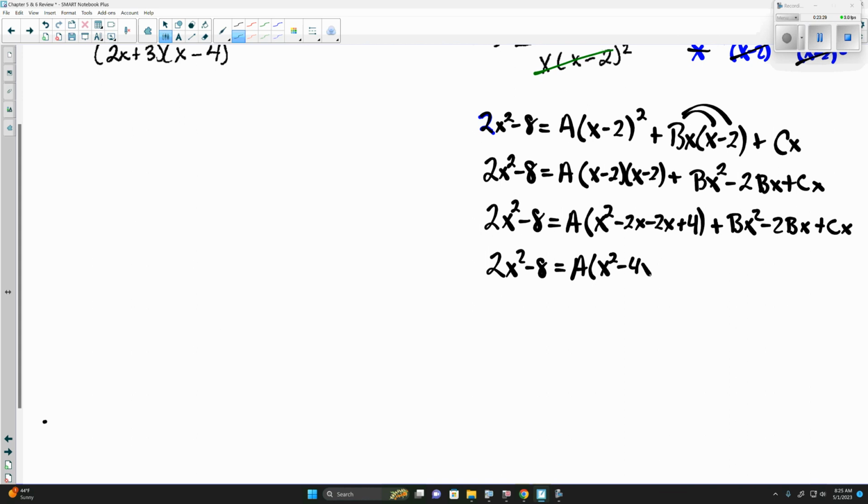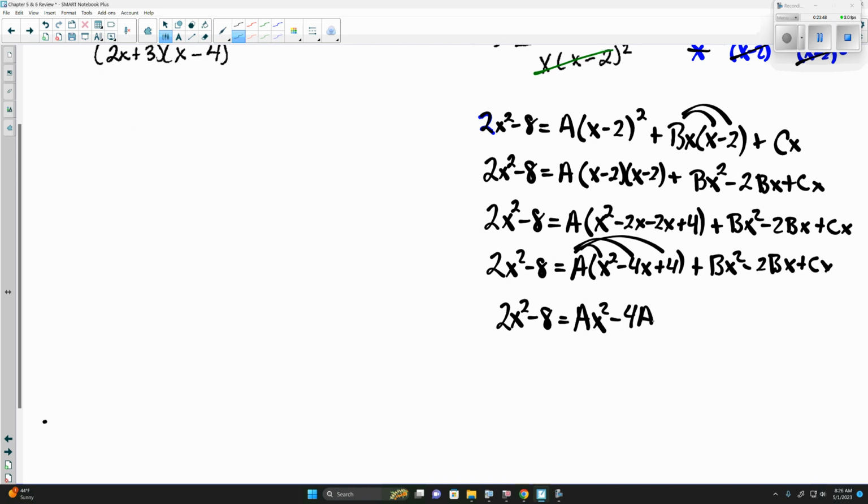Squared minus 4x plus 4. And lastly we can distribute the a, giving us ax squared minus 4ax plus 4a plus bx squared minus 2bx plus cx.